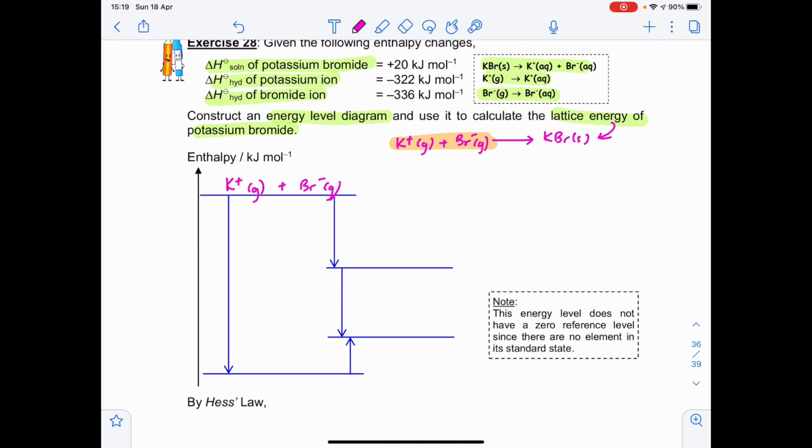Next, let's incorporate the given data into the energy level diagram. From the gaseous ions, let's do enthalpy change of hydration to convert them to aqueous ions. So let's do enthalpy change of hydration of potassium ion first, to convert K+ gaseous ion to K+ aqueous ion. This enthalpy process is minus 322, arrow is pointing down.